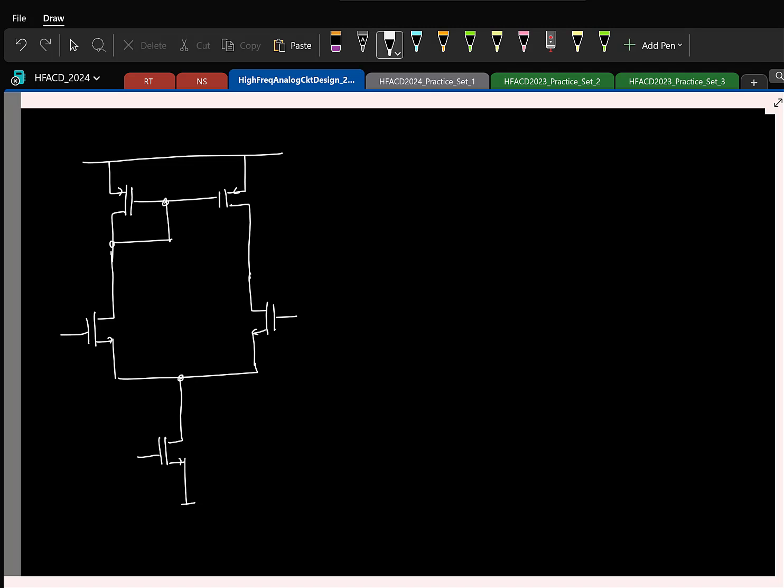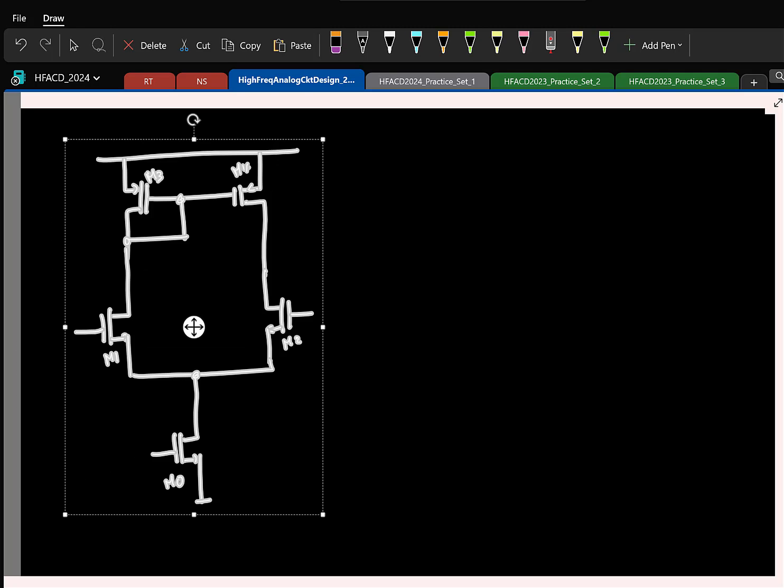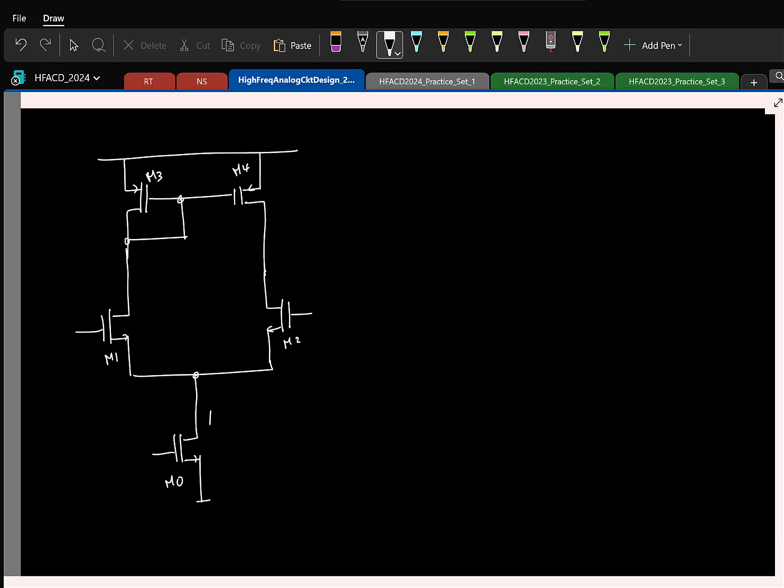Fine. You guys know this already, so let me label these. So this is the first stage. Let's say it's biased to provide a current of I0.